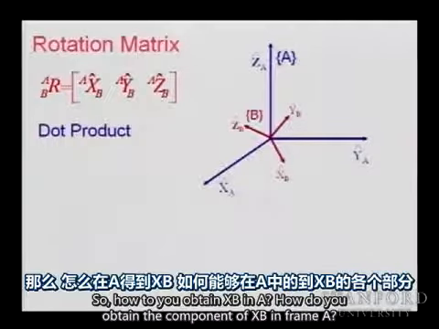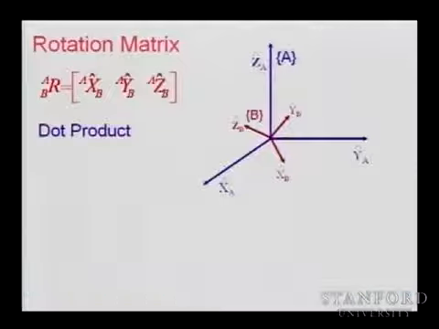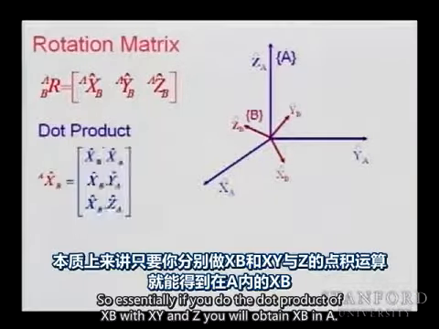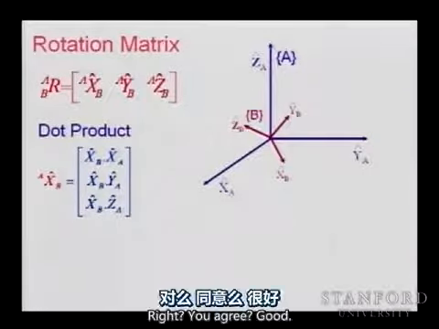So how do you obtain xb in A? How do you obtain the component of xb in frame A? You just do the dot product. So essentially, if you do the dot product of xb with x, y, and z, you will obtain xb in A. Right?